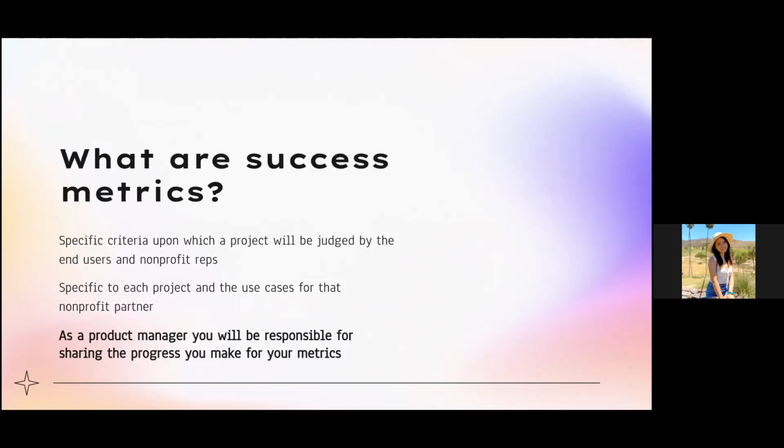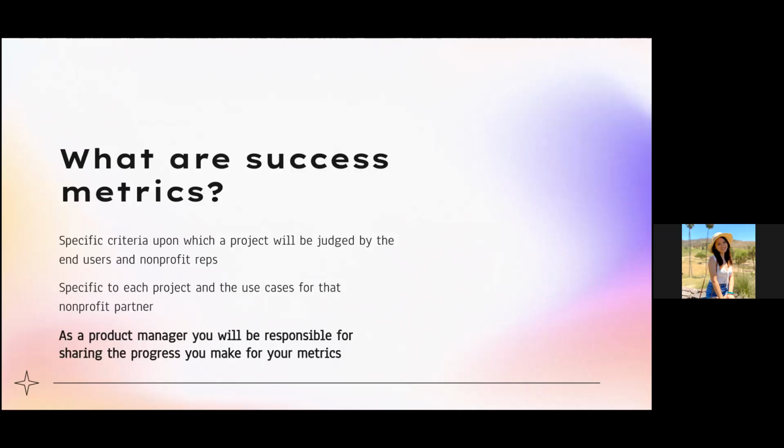Like I mentioned before, there are some examples from last year's PRDs that may have included success metrics and quantitative numbers regarding the product. Success metrics are specific criteria on which you can judge a project by the end users and the nonprofits.